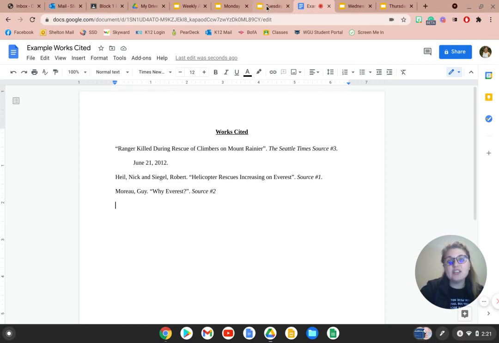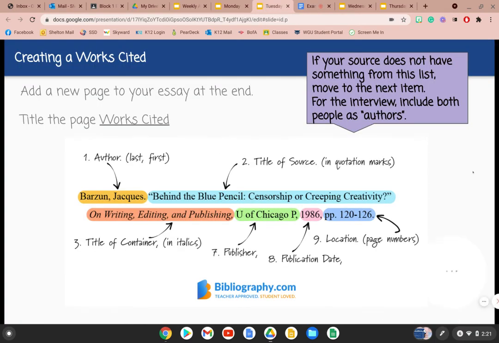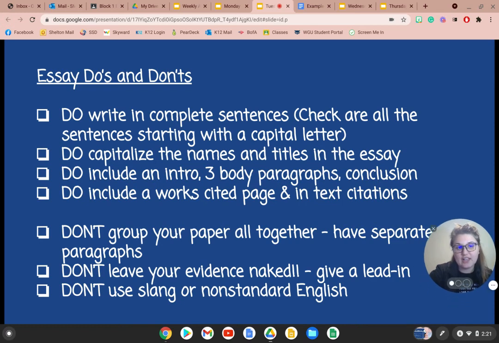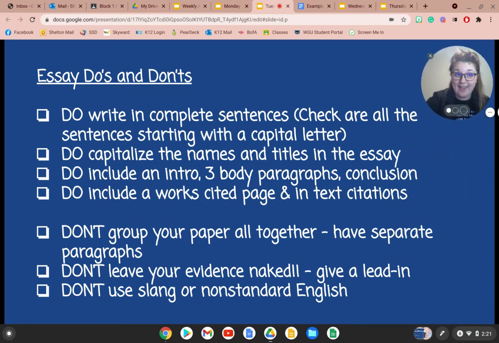All right, so if we go back to our PowerPoint, let's talk about some essay do's and don'ts that we want to make sure our essay either has or does not have. So make sure you do write complete sentences. I want you to check that all of your sentences are starting with a capital letter. Do capitalize the names and titles in your essays.